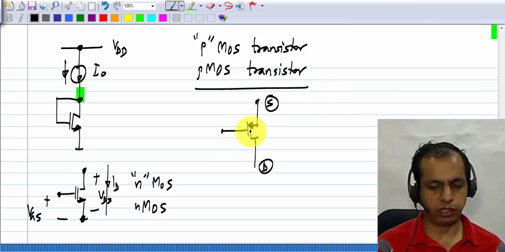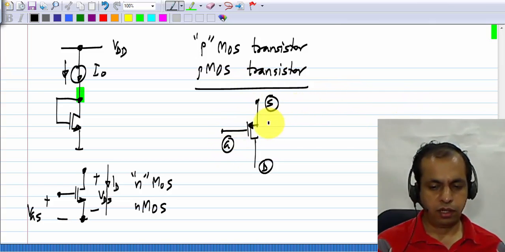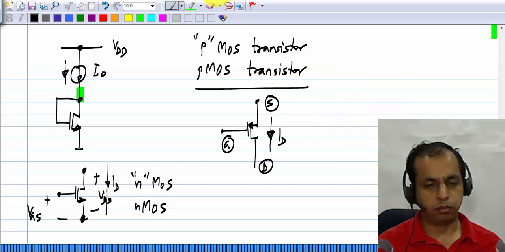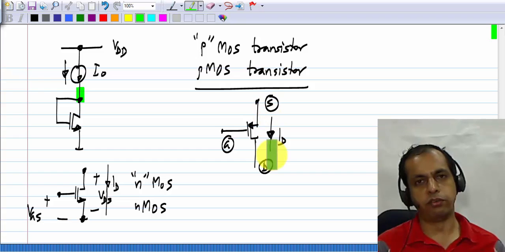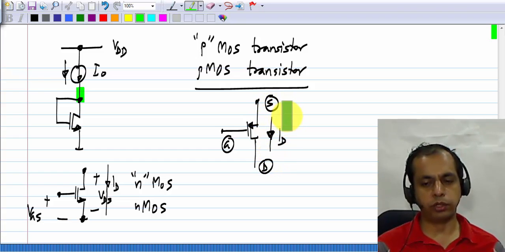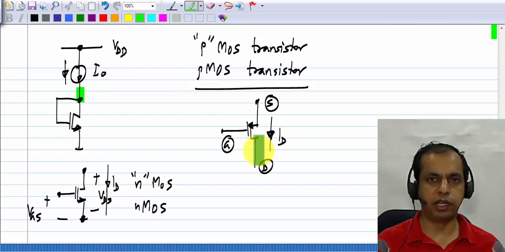I'll explain later why this is the usual convention. And in this case, the current flows from source to drain. I'll still call it ID, but in case of the NMOS transistor, it flows from drain to source, whereas here it flows from source to drain. This is the complementary type, and this is quite useful for making current sources of this type. And of course, it's not only useful for making current sources, you can also make amplifiers using that.